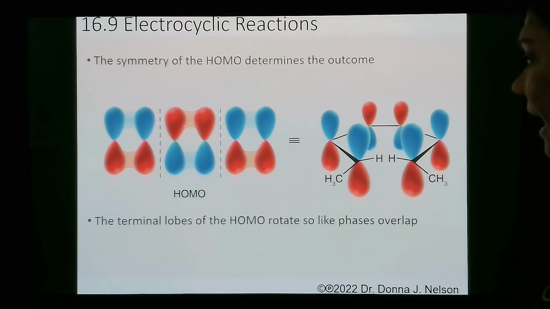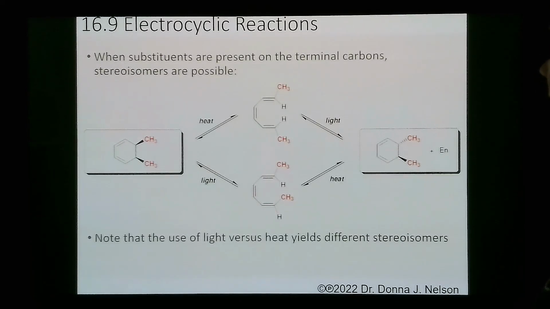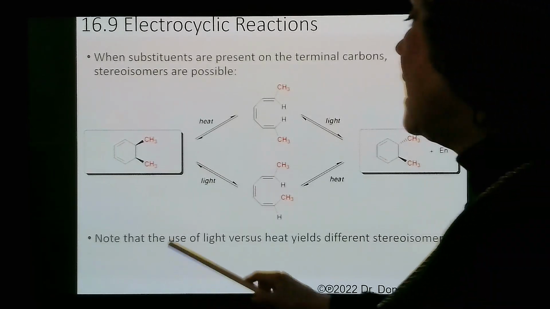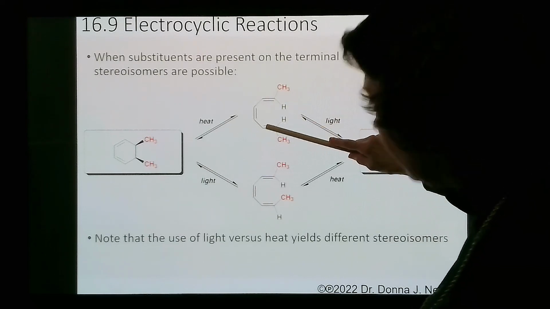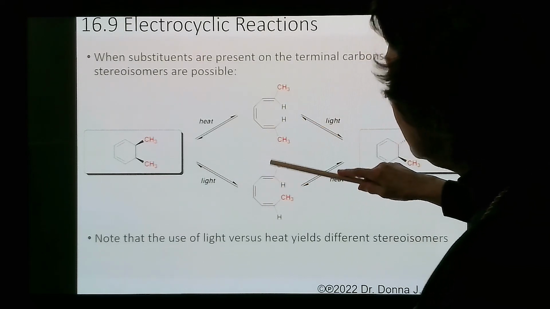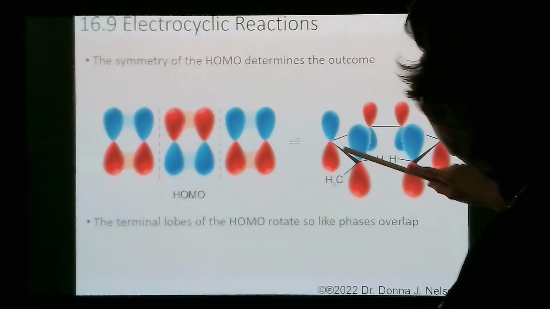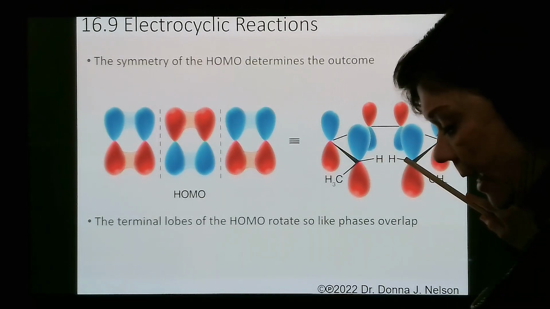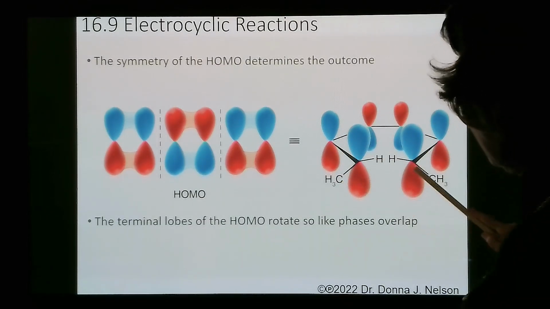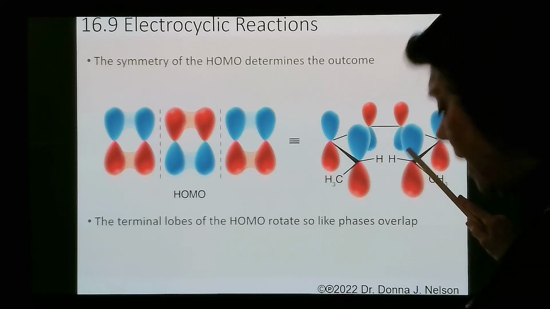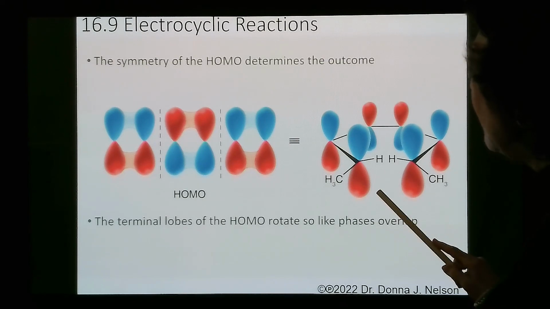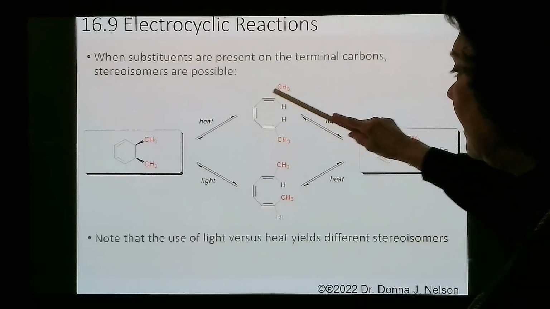So let's look at that on the next slide. You can see this one is the exact system that we were looking at, where the methyls are pointing out, not going in. They're on the same side because they're pointing out, and that would be this.